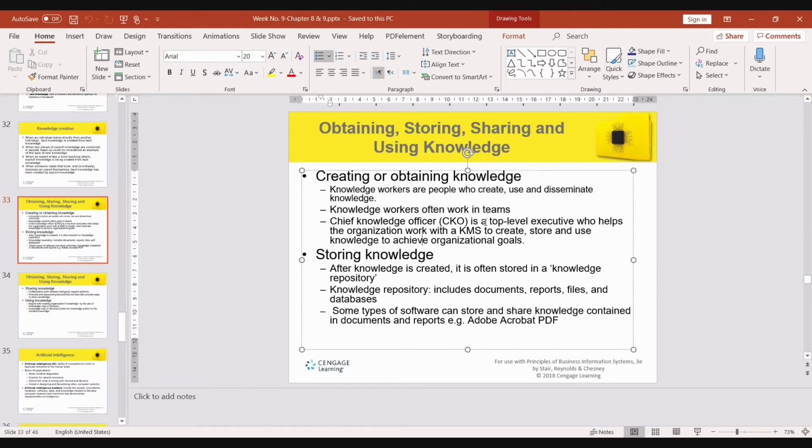The chief knowledge officer is a top-level executive who helps the organization work with KMS to create, store, and use knowledge and achieve organizational goals. So your programmers will be there, but your consultant will be there who has the knowledge. Okay, you will transfer this knowledge into the system. So you are getting my point, guys?